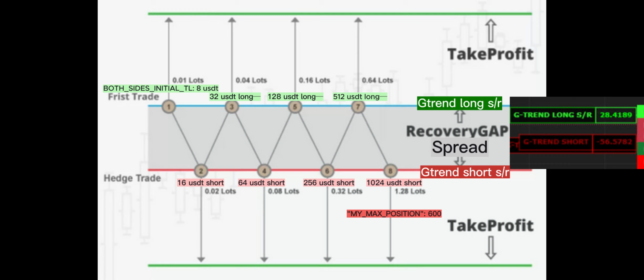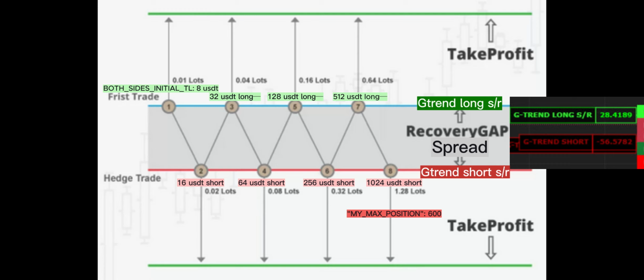Gunbot or Gtrend automatically knows where to close that position in order to try to take advantage of a reversal. Now, this you could say is part of a black box. It's internal, but Gtrend doesn't only just hedge. It looks for reversals, which could be the most profitable trades.